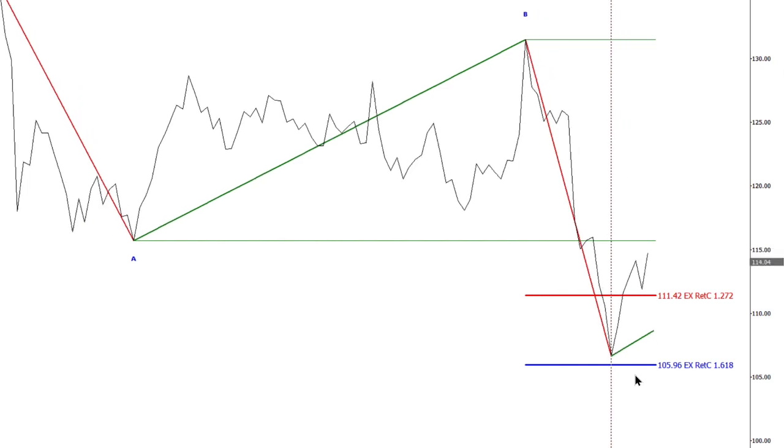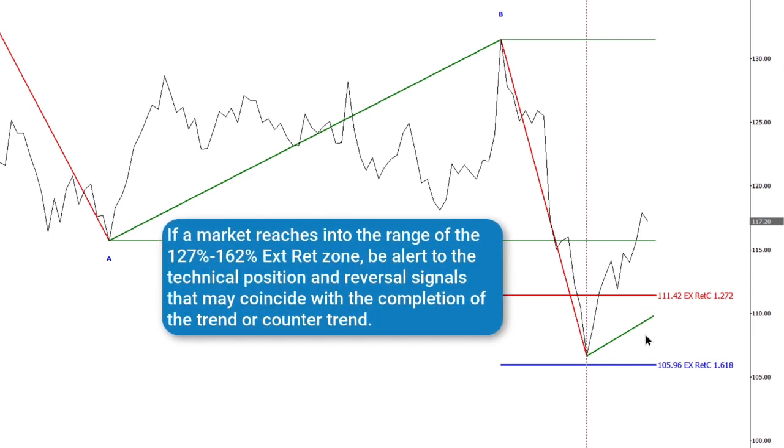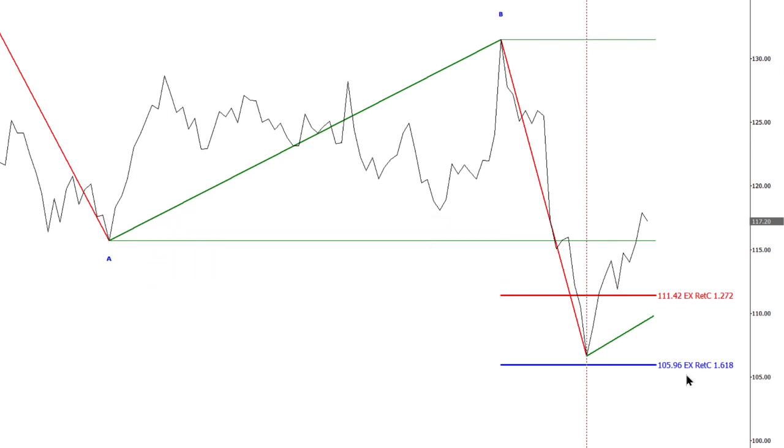So let's just add some more data on, and we can see that IBM then advanced strongly and closed well into the range of what I labeled as wave A low, typically a signal that at least the market's in a position to have completed a correction right within the 127, 162% external retracement zone, and very near the maximum typical.